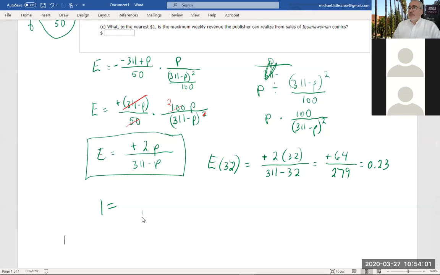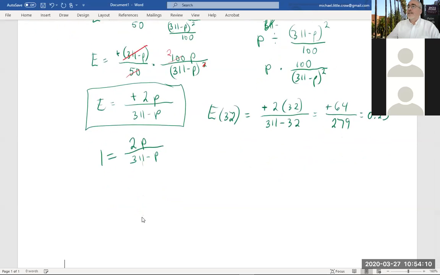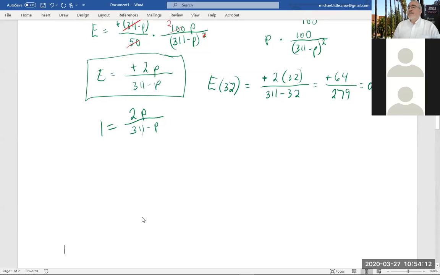Okay, so it's going to be equal to 2p over 311 minus p. And then again, since it's equal to 1, we sort of do this cross multiplying thing. Think of this as 1 over 1. So we end up with 2p on one side, 311 minus p on the other, and then we just solve for p.